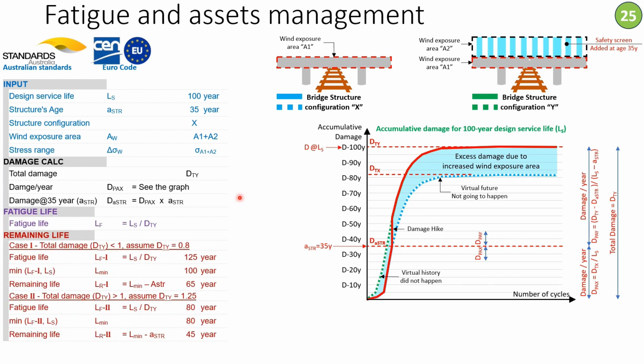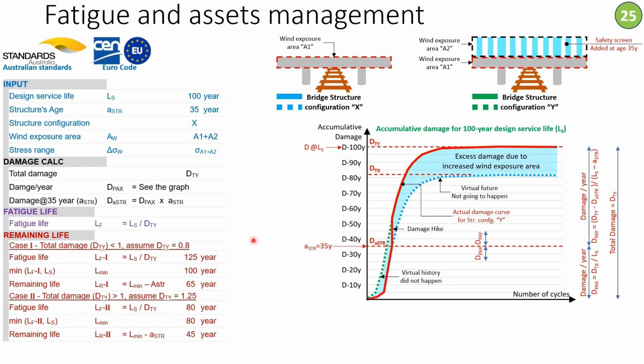Again, we will have to calculate the fatigue life, which is simply the intended design service life, 100 years, divided by the total damage of the final configuration of the existing bridge. The final configuration now is configuration Y. So the fatigue life will equal the 100 years design service life divided by the total damage of configuration Y, not configuration X. And from there, again, we have the two scenarios that we spoke about in the last slide, which will give us the fatigue life, and we should compare that to the service life.